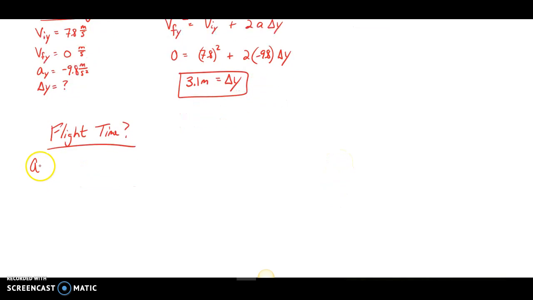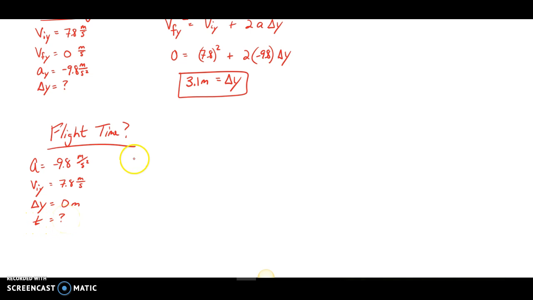You would know the acceleration is still negative 9.8 meters per second squared. You know your Vi in the y direction, 7.8 meters per second. Your delta y, since you're going to start and stop on the ground, is 0. We want t.